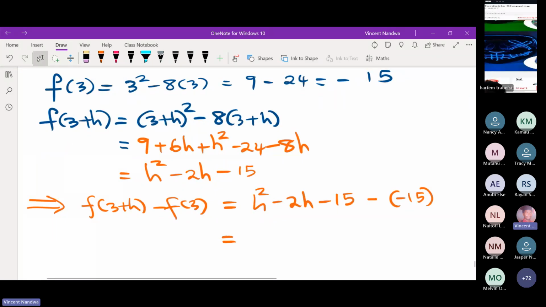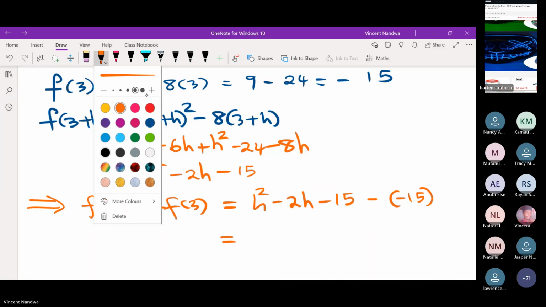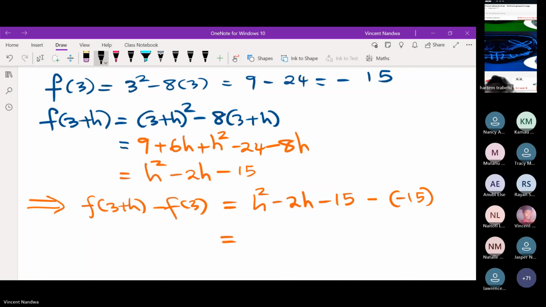So this reduces to h squared minus 2h, because minus 15 plus 15 is 0. You can write this as h into h minus 2.